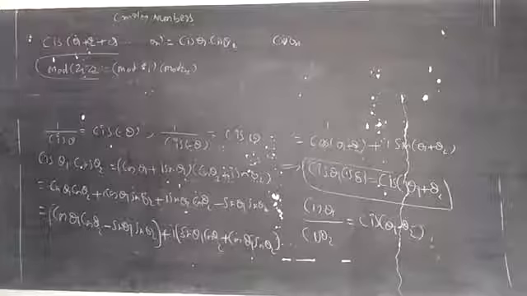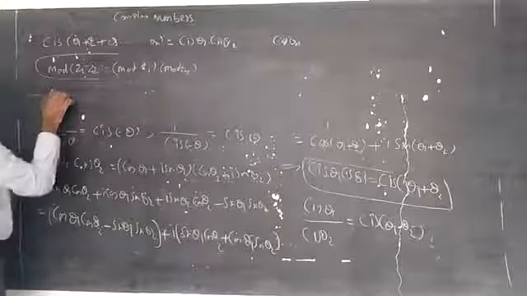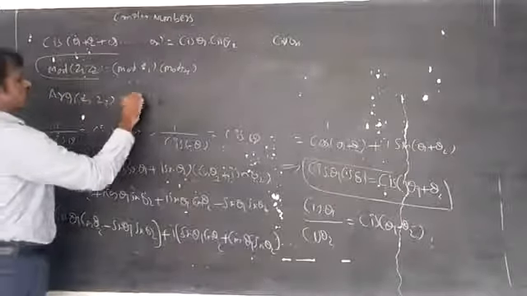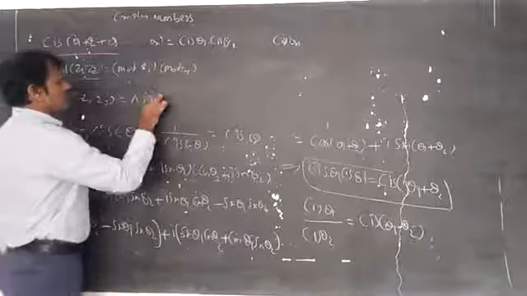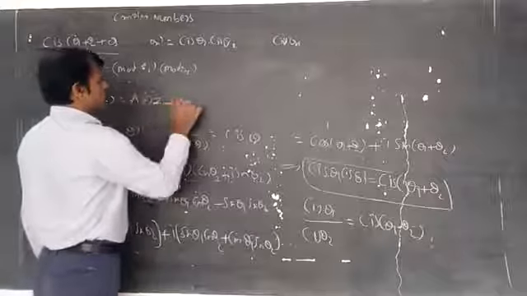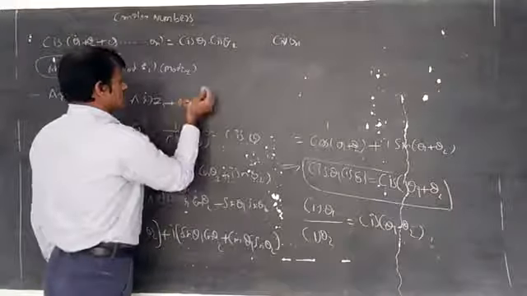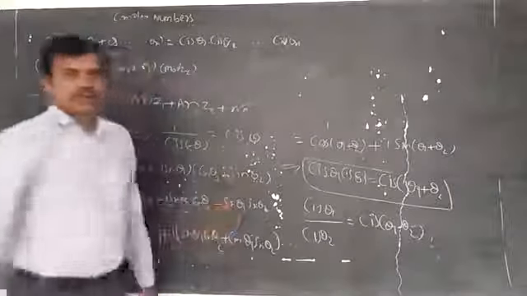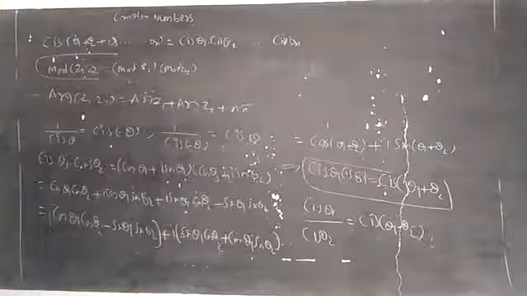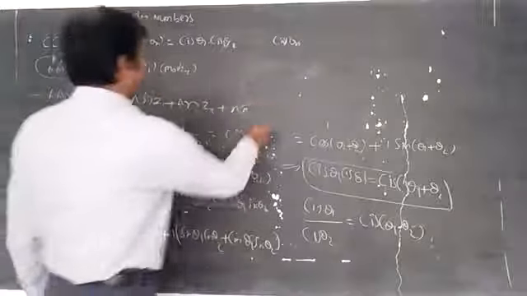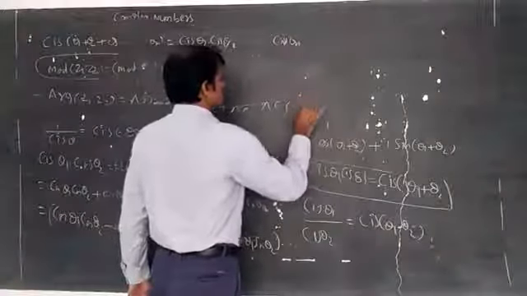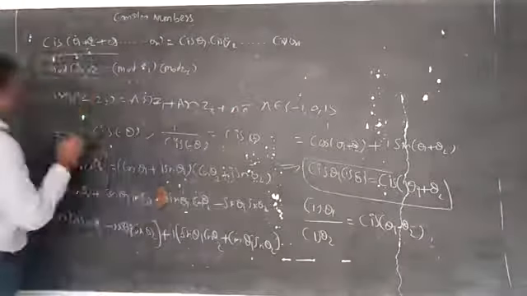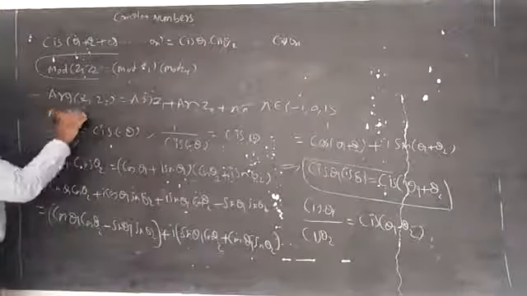Next one, argument of z1 into z2, you write the formula. Argument of z1 into z2 is equal to argument z1 plus argument z2. General notation is plus n pi, but argument z1 plus argument z2 only we need to count. n belongs to the set of minus 1, 0, 1, but n pi may not be used.